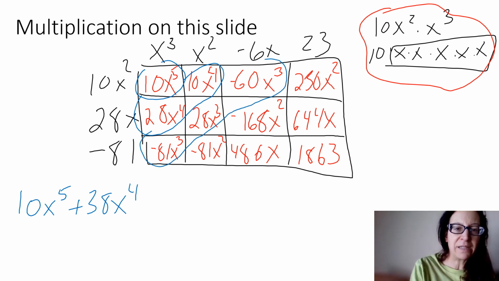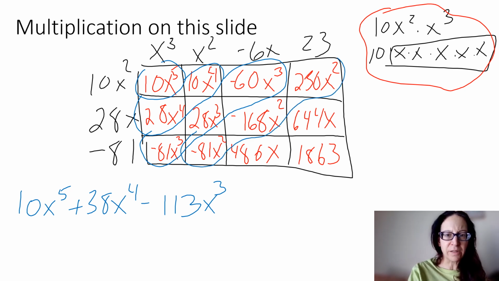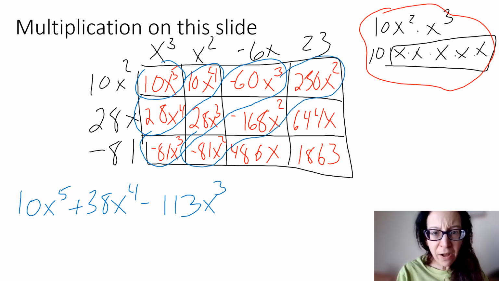Now, I am going to bust out my calculator for these just because it's a little bit too much to hold in my head. I'm going to start with the positive 28 and then subtract 81 and subtract 60, and I get negative 113 x to the 3rd. And I'm going to do these ones on my calculator as well.